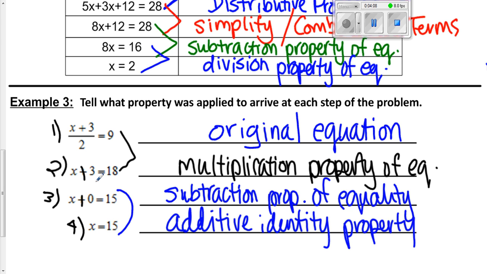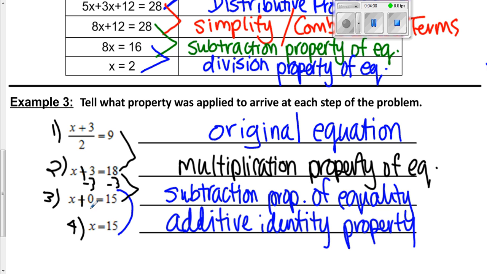Alright, so right here we're going to use the subtraction property of equality. Minus 3 from both sides here. And we get 15. And notice that step's right here in between here.